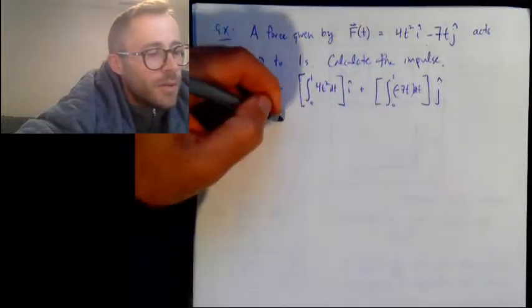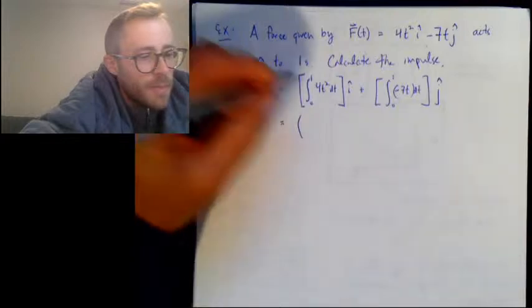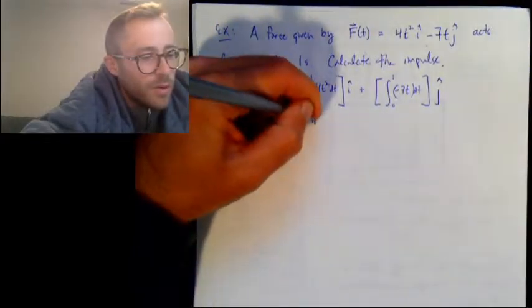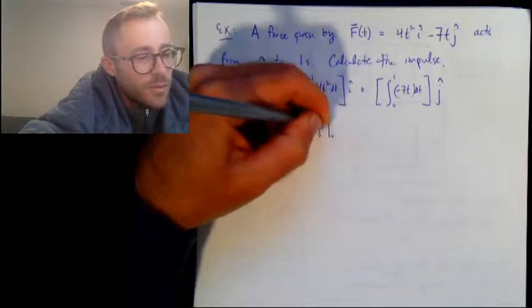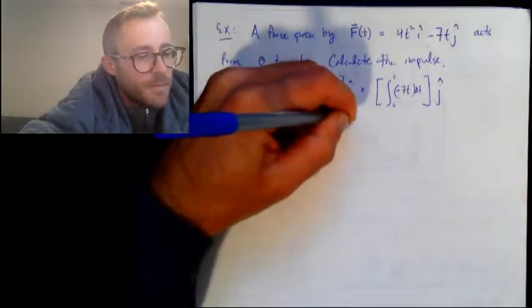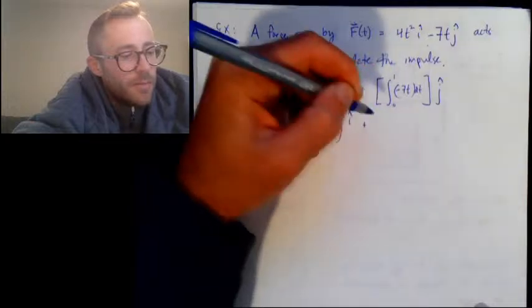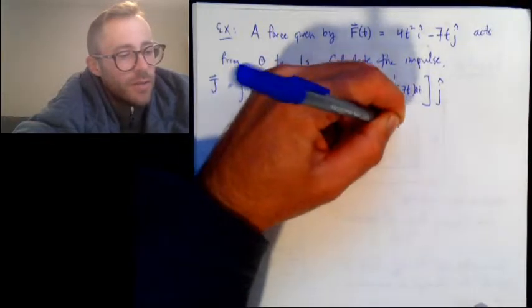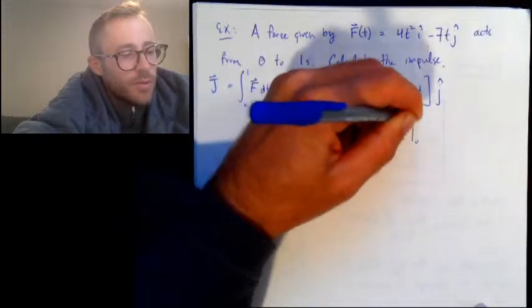I'm going to do these integrals really quickly. This one is going to be 4t cubed over 3 evaluated from 0 to 1. This one is going to be minus 7t squared over 2 evaluated from 0 to 1.